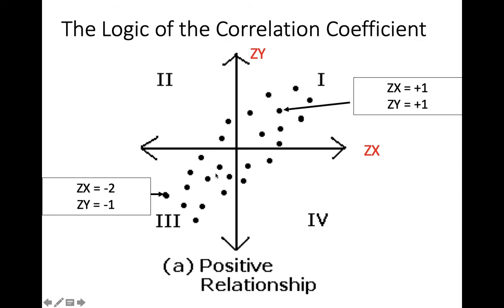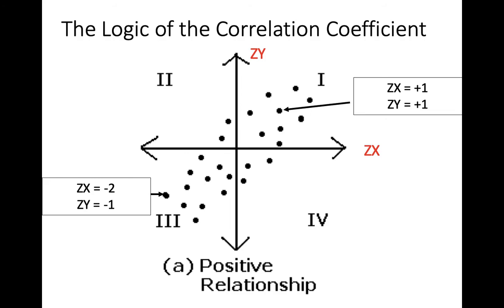So you can see that that would fall right along this one-to-one straight line axis, but not all dots do. Okay. So for example, here we've got a deviation of, let's say, 2 standard deviation units on X, and I'm just calling this one standard deviation unit on Y.